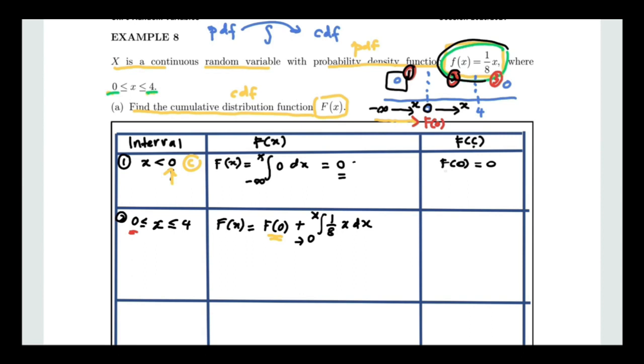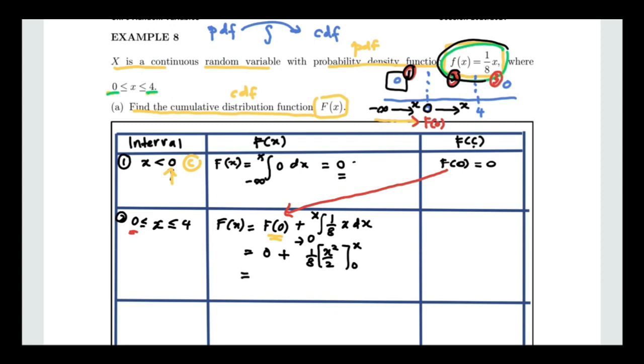So f of 0 from the first part, we have found out, is 0. So this is 0 plus the integration of 1 over 8 x, which will be 1 over 8 times x squared over 2 with the limit 0 until x.